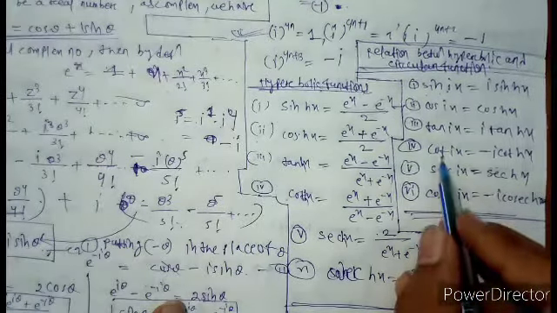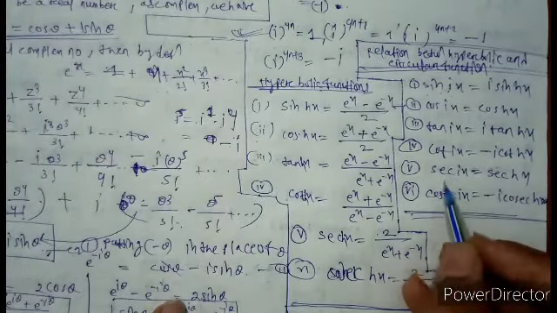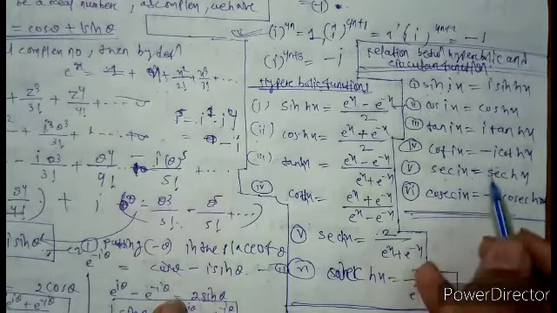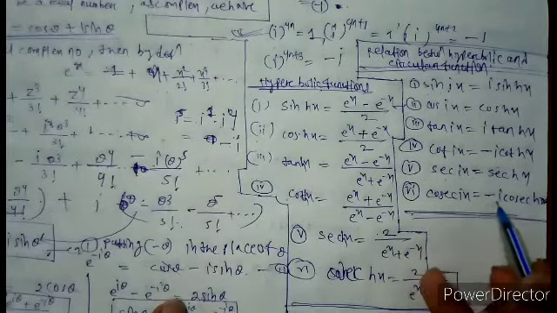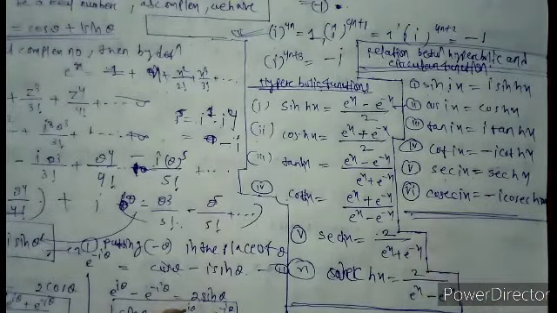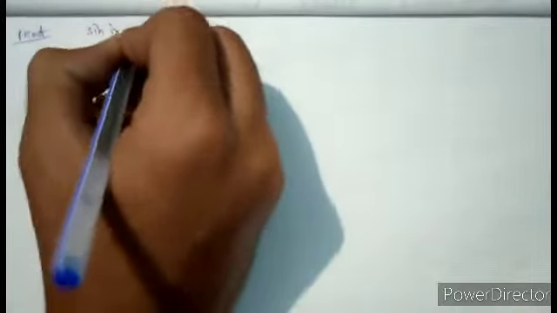So cot ix is equal to minus i coth x, sec ix is equal to sech x, cosec ix is equal to minus i cosech x. Then come all the proofs of these formulas. So the first one is the proof that sin ix is equal to i sinh x.